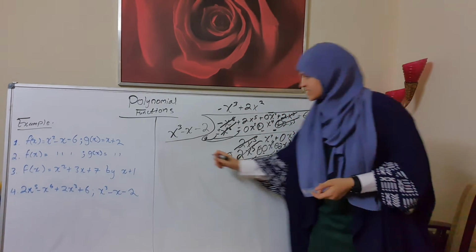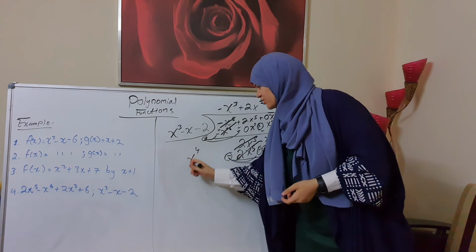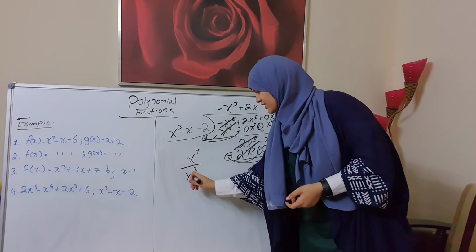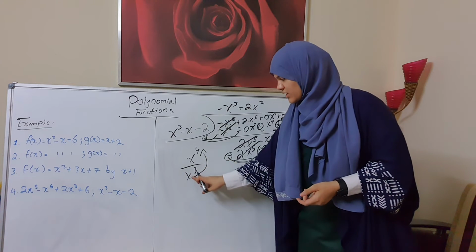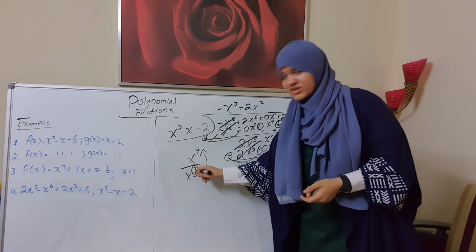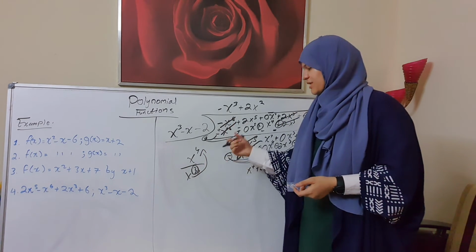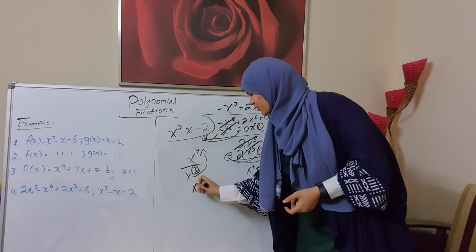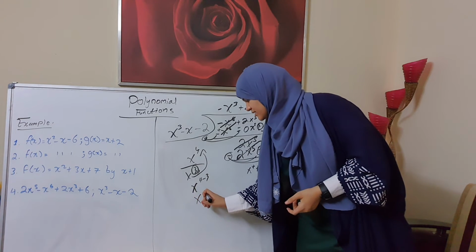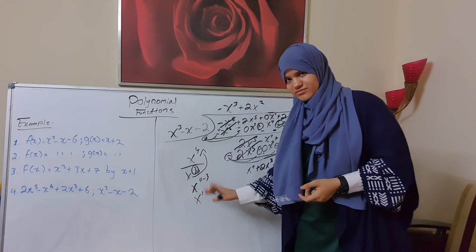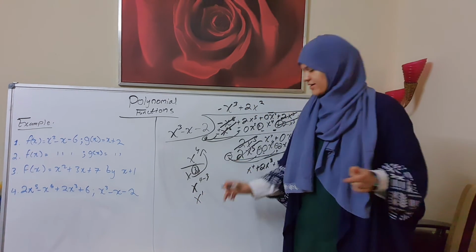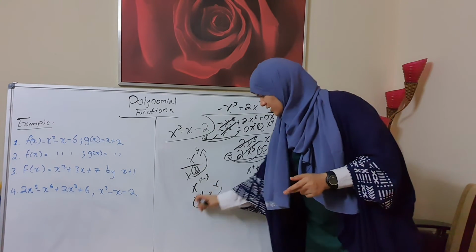So that means x to the power of 4 over x to the power of 3. When you shift the exponent of the denominator to the numerator, it will be minus. So x to the power of 4 minus 3, then x is equal to 1 only, or we can say x directly, right?